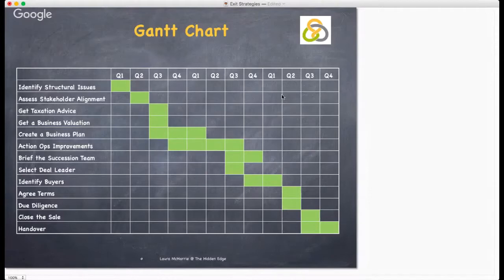The better the business performs, the higher the value of the business. We do need to, at some point, brief the succession team, and we need to select a deal leader. By deal leader, I mean somebody who is actually going to make the sale happen or instigate the transfer of shares.